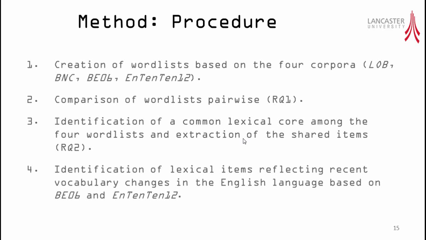Then we took all 4 word lists and compared them all together in order to establish the general lexical core. Finally, because we were also interested in lexical innovations, items that appear in the new language corpora BE06 and EnTenTen 12 and which do not appear with comparable frequencies in the older language corpora LOB and BNC, we looked at these differences comparing the 2 sets of corpora.